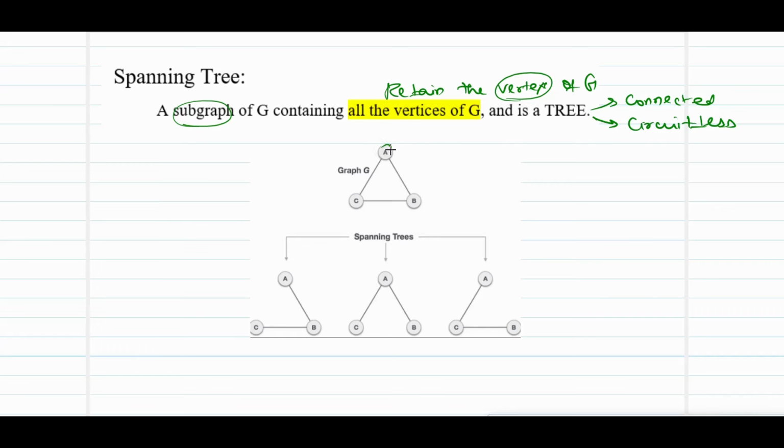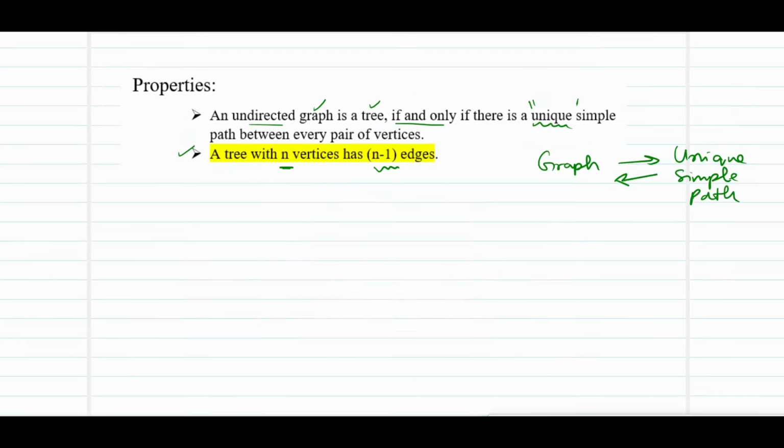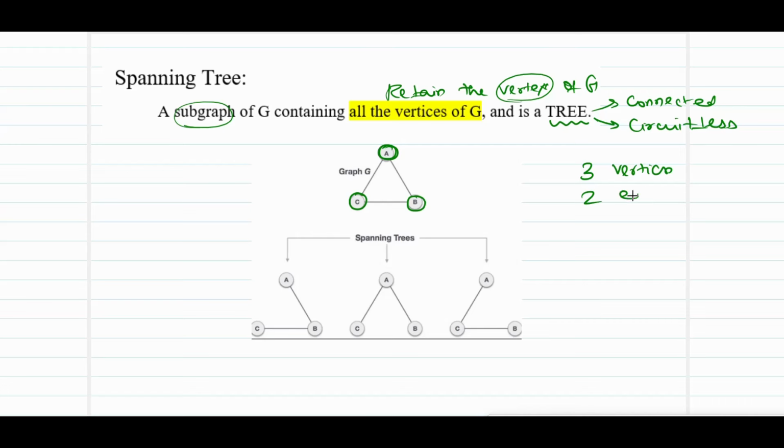If this is my given graph G, A, B and C are my 3 vertices. I retain the 3 vertices as such, and I need to form a tree out of this. I just now saw that a tree with 3 vertices has 3 minus 1, so it has 2 edges.